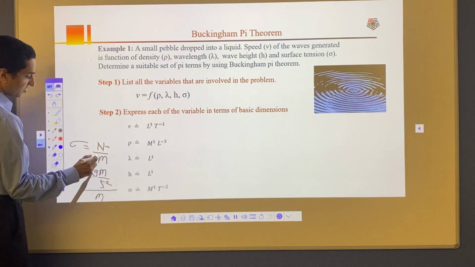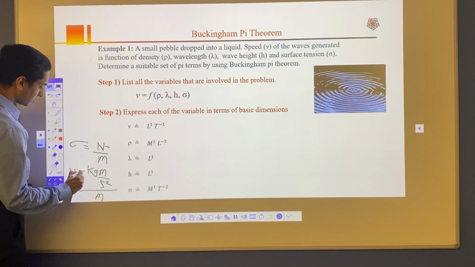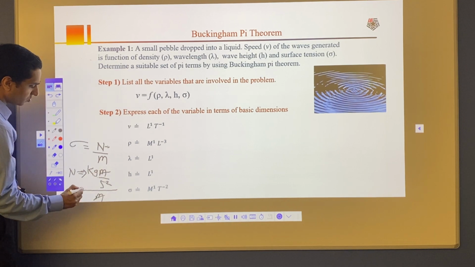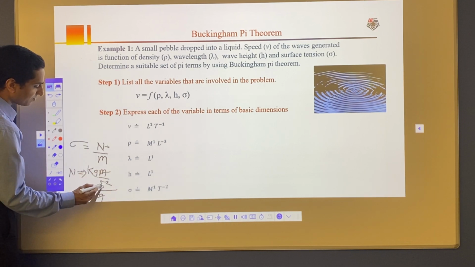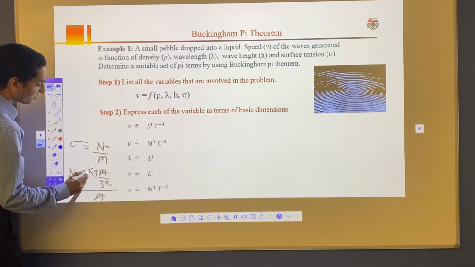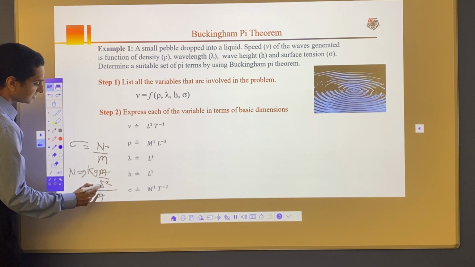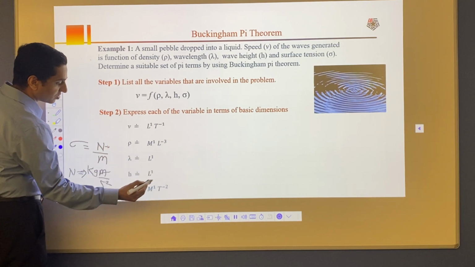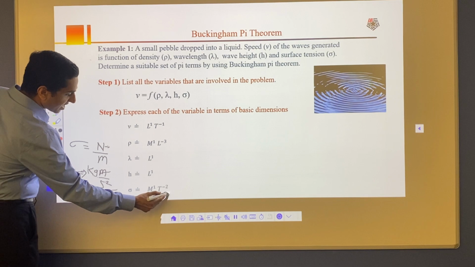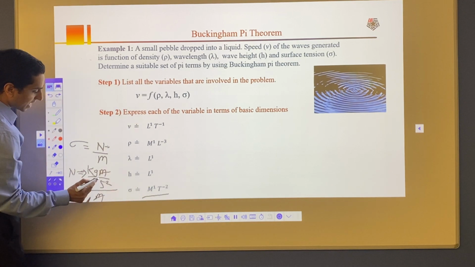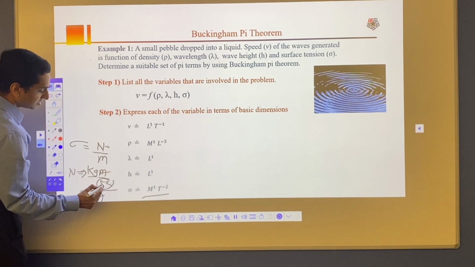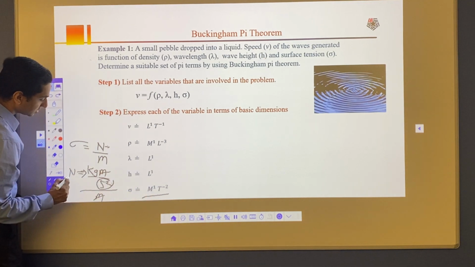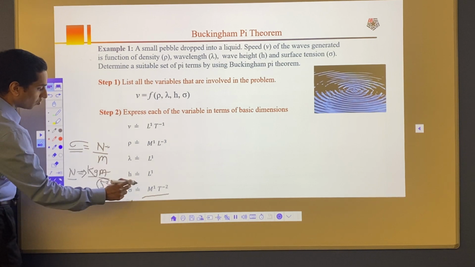Now this meter and this meter cancel out, and then you are left with kilogram per second square. So kilogram is mass, second square is time to the power minus 2. So for surface tension I'm going to write mass 1, that's kilogram, and then time, that's s square, and that's a denominator, so T minus 2, and that's how surface tension works.